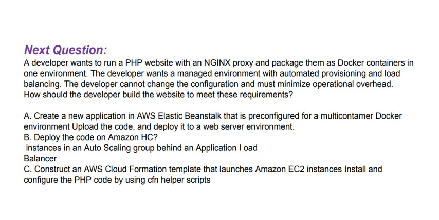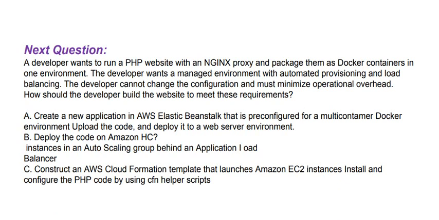How should the developer build the website to meet these requirements? Option A. Create a new application in AWS Elastic Beanstalk that is pre-configured for a multi-container Docker environment. Upload the code and deploy it to a web server environment.